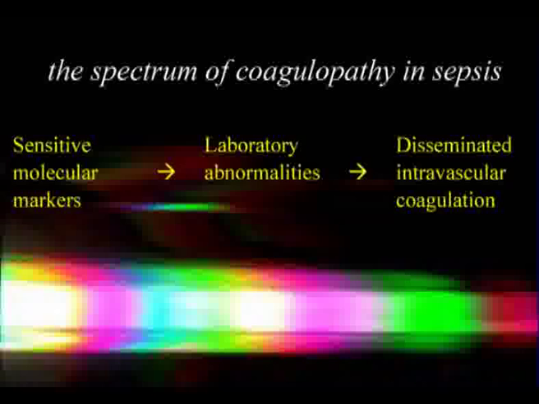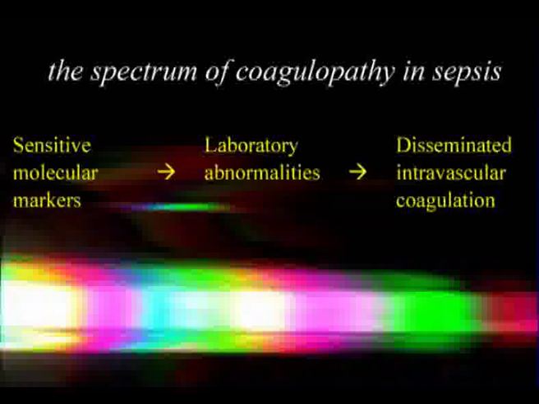I think in almost every patient or individual with some degree of inflammation, there is some degree of coagulopathy, some degree of coagulation activation. And if one looks with highly sensitive molecular markers for coagulation activation, you'll find increased levels in virtually all patients with inflammatory conditions. If it's sufficiently severe, we're going to see laboratory abnormalities in our routine or less routine coagulation tests.